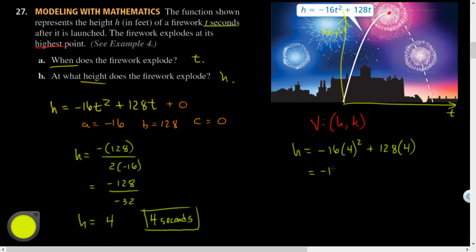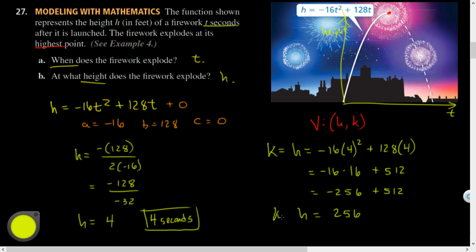4 squared is 16, plus 128 times 4, which is 512. Negative 16 times 16 is negative 256, plus 512, and that combines to be positive 256 as the k value.